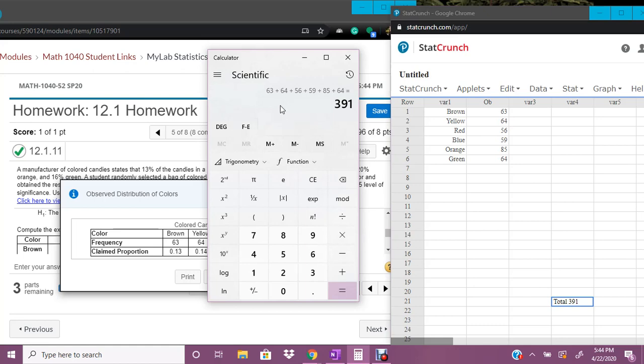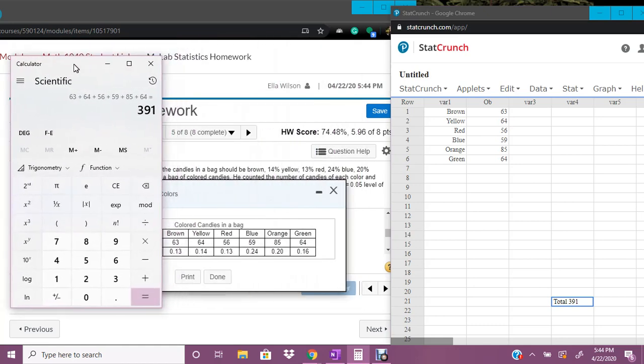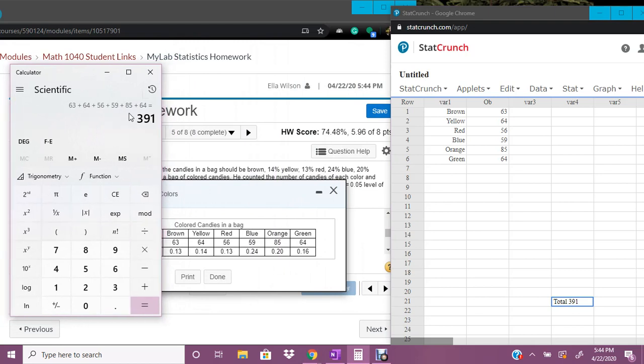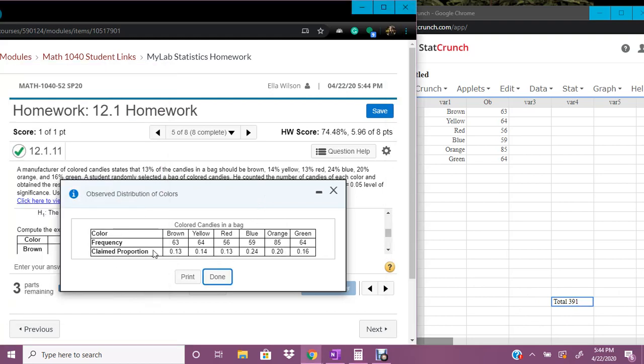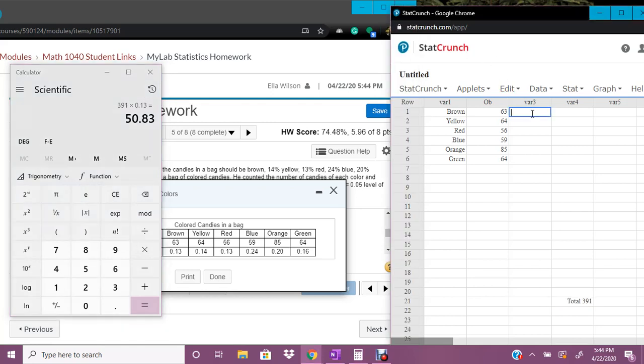Now I'm going to multiply our total number by the percentages that it's supposed to be. It has the percentages right here, the claimed proportion. So our total times 0.13, and you keep the decimals, there should be around 50.83 brown M&Ms.